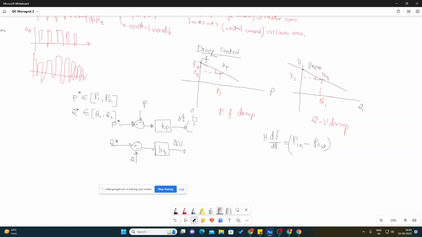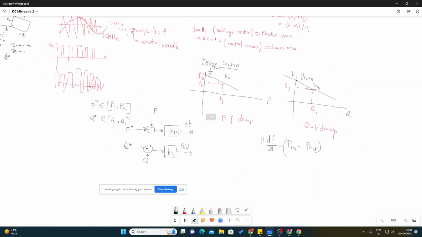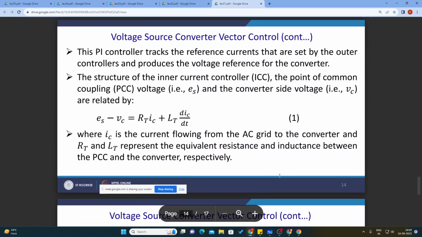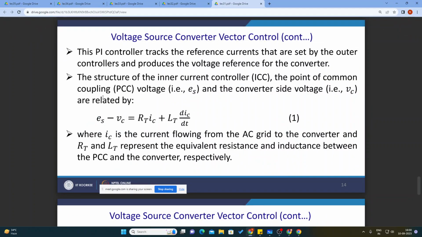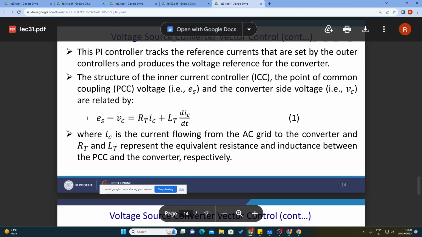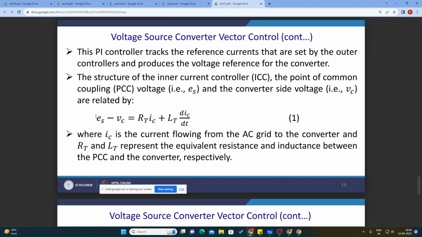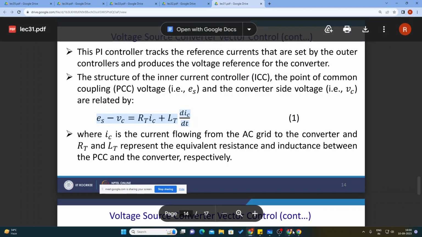Now as I was discussing, each inverter is controlled by controlling the modulation index m, which is the control variable. To obtain the small signal expressions, we can write a KVL expression at the output of the inverter.